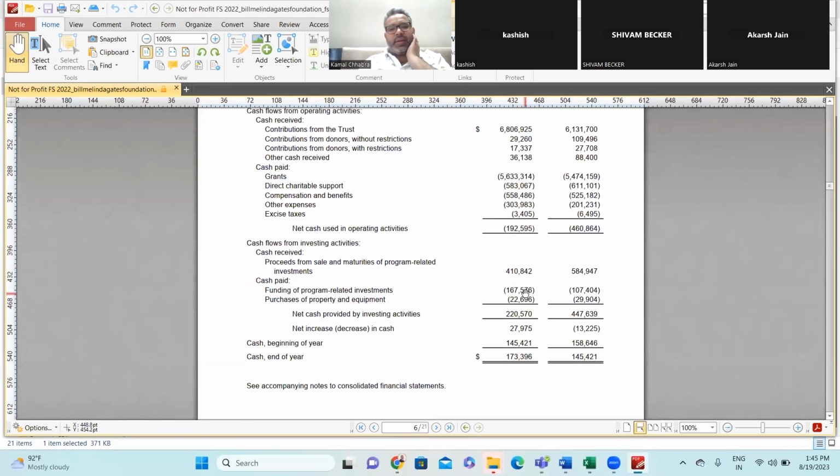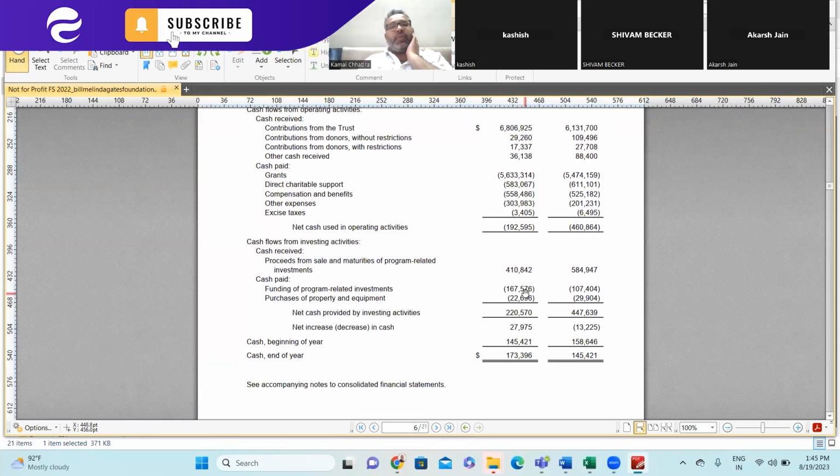Then coming to your question, what will come in investing and financing activity? So in investing activity, if they are doing any investment like purchasing any shares, debentures, mutual funds, or maybe they're purchasing any property, plant, equipment, so that will go into the investing activities, right? And now coming to the financing activity.